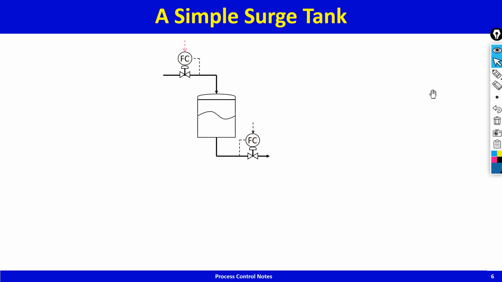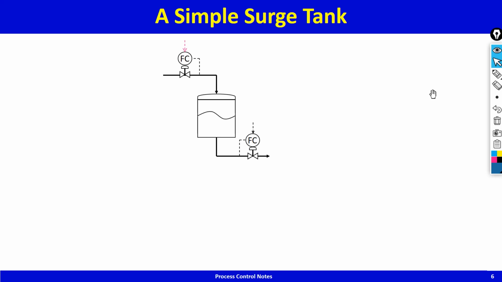But unless flow in is equal to flow out, the process will not be at steady state, and therefore the liquid level will either be increasing or decreasing depending on whether the flow in is more or the flow out is more. And therefore, to achieve steady state, you cannot have both the flows set independently.